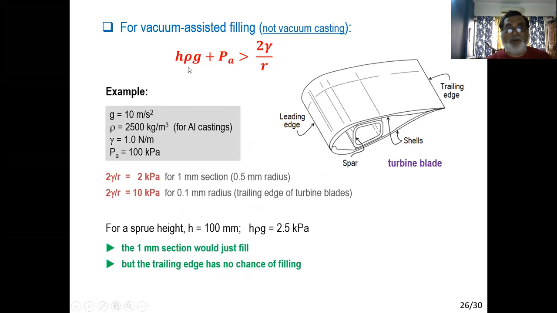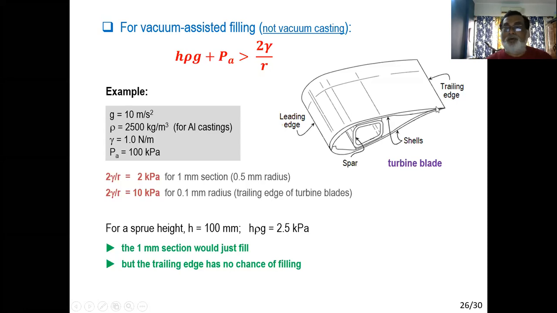That means the positive pressure is 2.5 kPa, and this 2.5 kPa is forcing the liquid metal to enter into the mold cavity. For a 1 millimeter section, the resistance is only 2 kPa. So the liquid metal is moving at 2.5 kPa, resistance is 2 kPa, so liquid metal can easily enter into the 1 millimeter section.